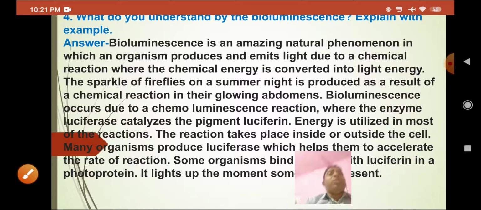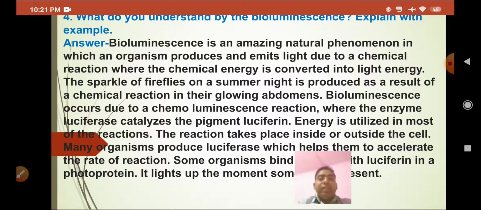So what chemical is found so that the insect gives light? The chemical is luciferin.